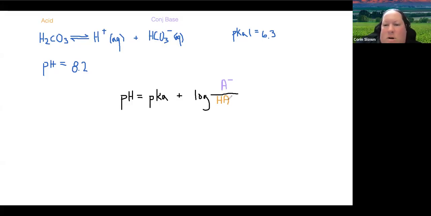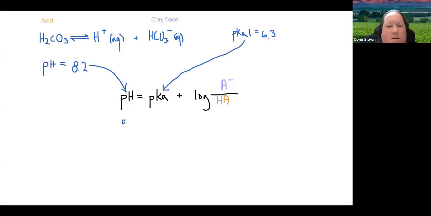So I can plug in what I know. My pKa value goes here. My pH goes here.